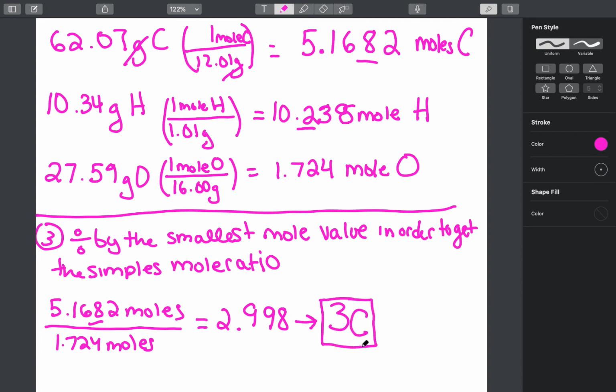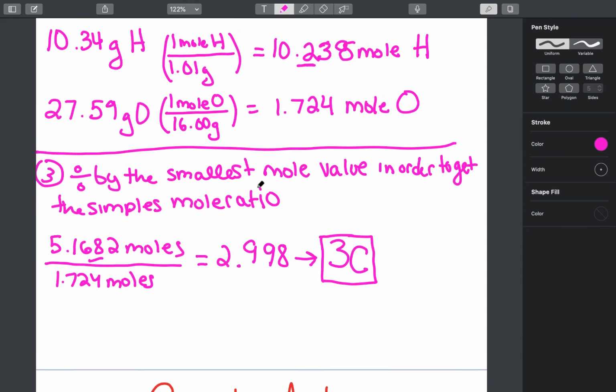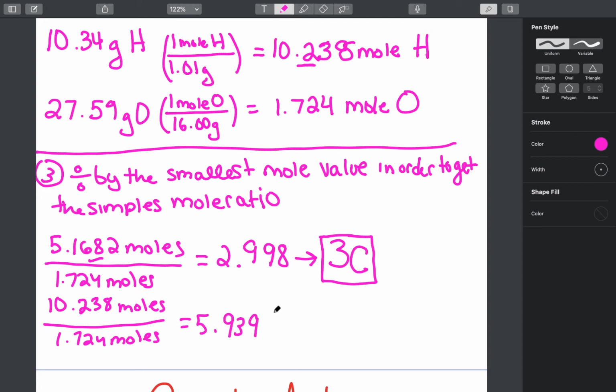All right, so now let's move down to hydrogen. So hydrogen would be 10.238 moles over 1.724 moles. And when you put that in your calculator, you would get 5.939.